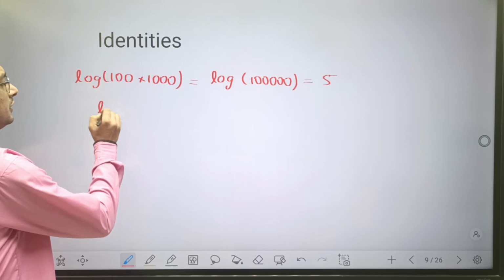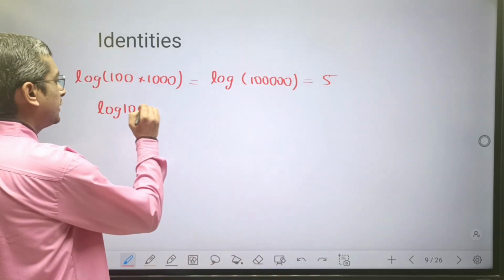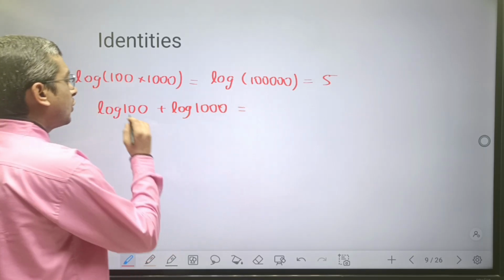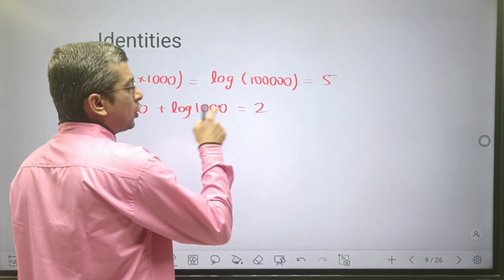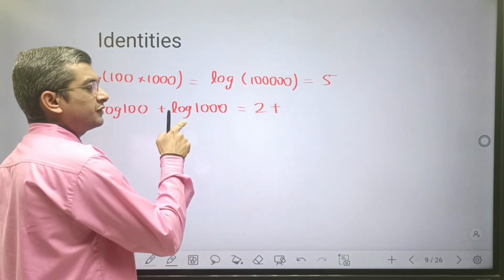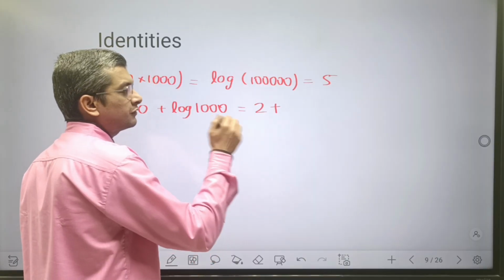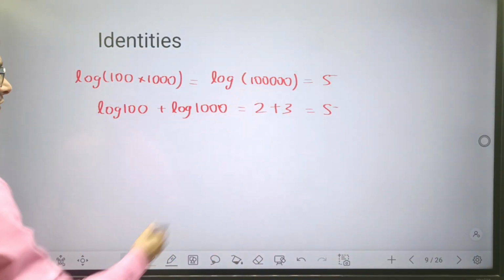Now if I write log 100 plus log 1000, log 100 is 2 because 10 raised to 2 is 100. Log 1000 is 3 because, log base 10, to how much power will we raise 10? That is 10 to the power 3 is 1000. That is right. So these two give the same result.